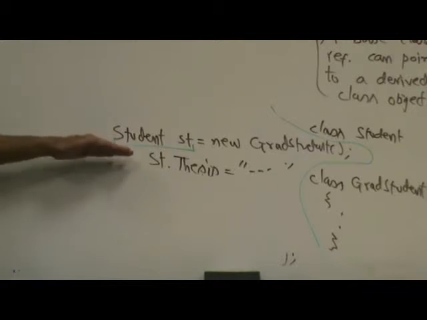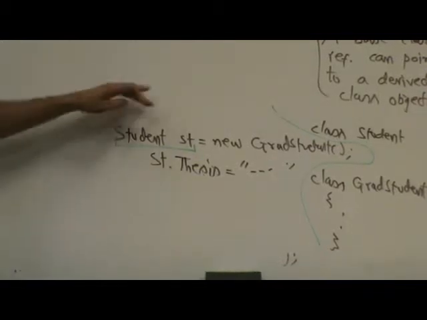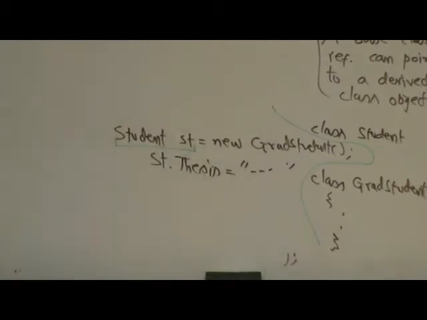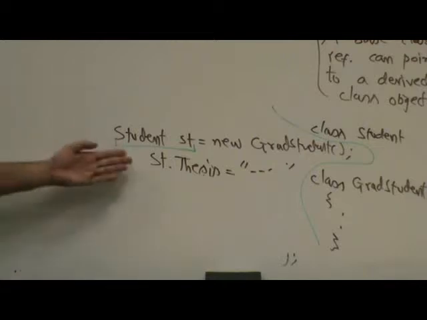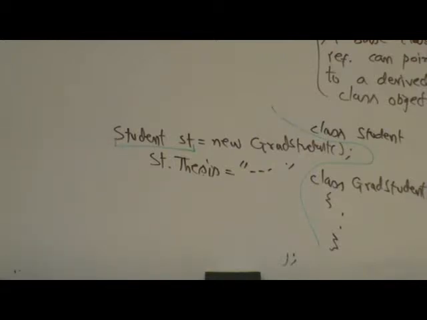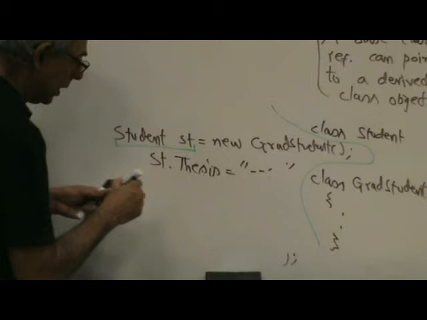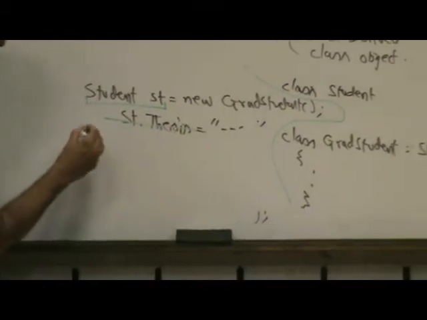So again, using the is operator or as operator, we can check: is it pointing to a grad student? If so, create a grad student type reference and then try to assign the thesis, right? So very similarly, we will do something like this.